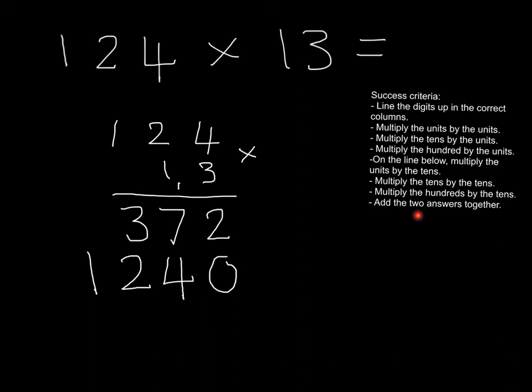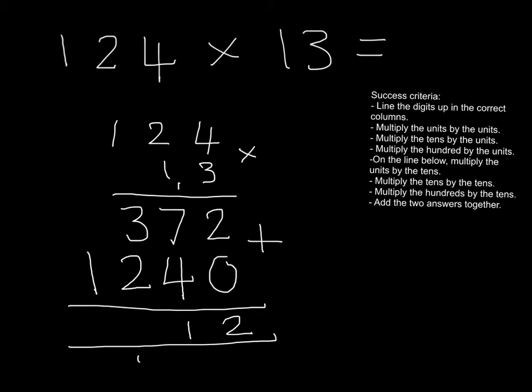Finally, we must add the two answers together. Two units add no units gives us 2 units. 7 tens add 4 tens gives us 11 tens.